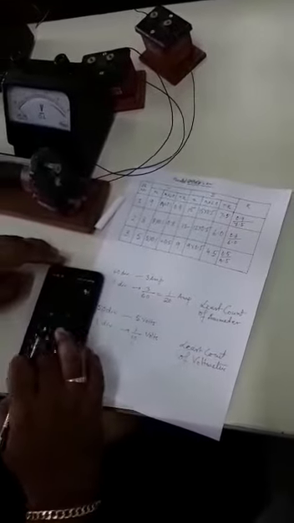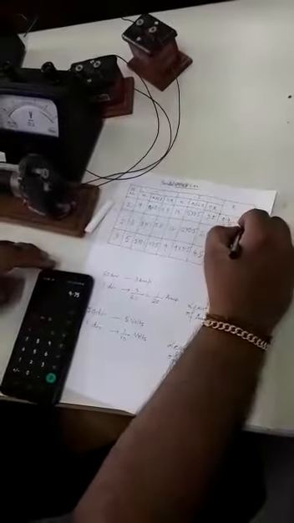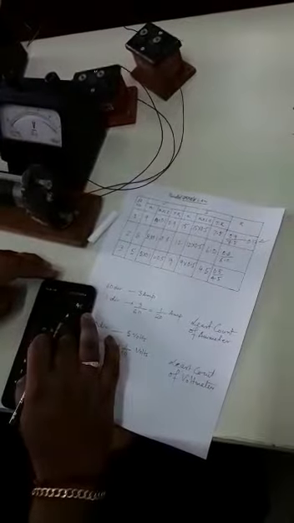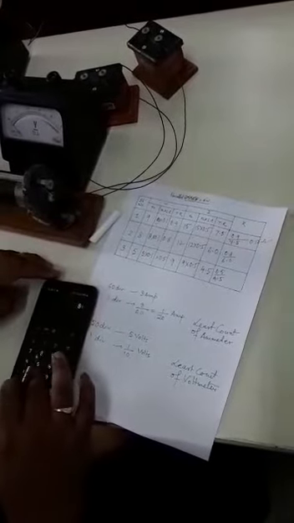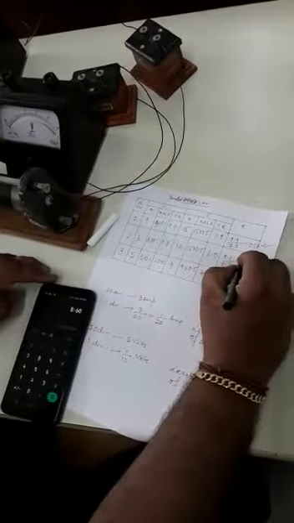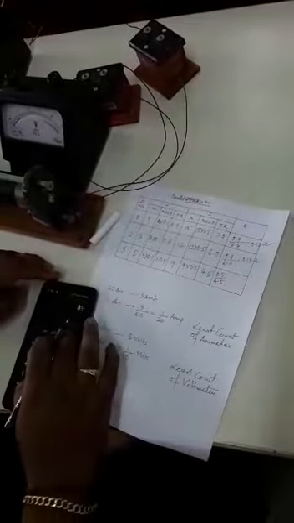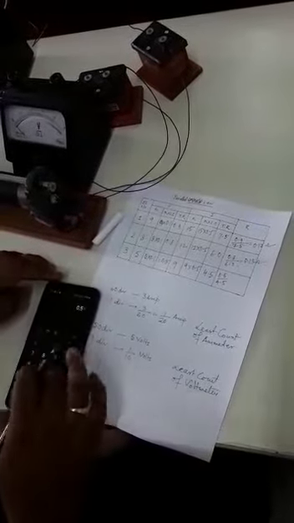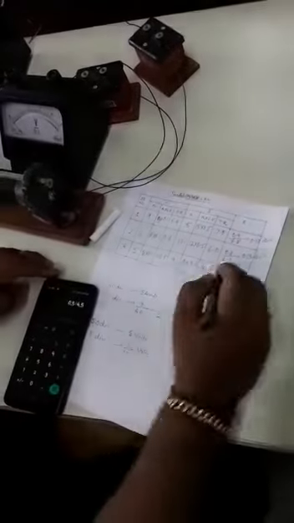So over here we are getting 0.12 ohms, 0.13 ohms, 0.12 ohms. So this one is the table for the parallel part.